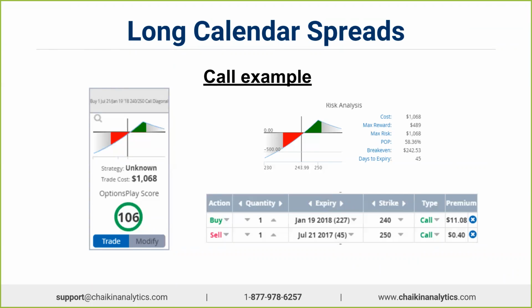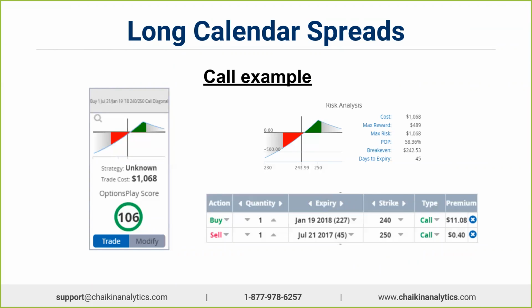But what we're looking to do is on the one that we're buying, the 240 that we're buying in this case for 1108, we'd want to calculate what the extrinsic value is for that order, and then we're going to want to turn around and try and sell enough premium to get rid of it all over time. If I think that I can sell 40 cents every month and I've got myself 6 months, then I can expect to take about 240 away from the extrinsic value. So that's how I look to set up my calendar spreads.